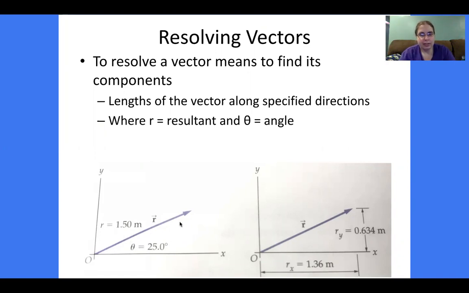So if I know that this resultant is 1.50 meters and it's at an angle of 25 degrees above the x-axis, I can figure out what the y and x components are. I'm going to talk about how we do that, but when we do the math, we'll find out that the x is about 1.36 meters and the y is 0.634 meters.